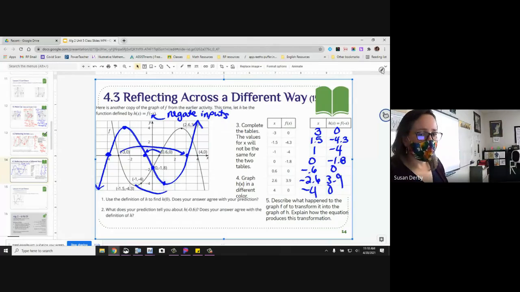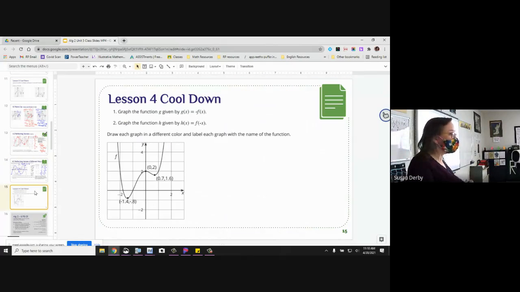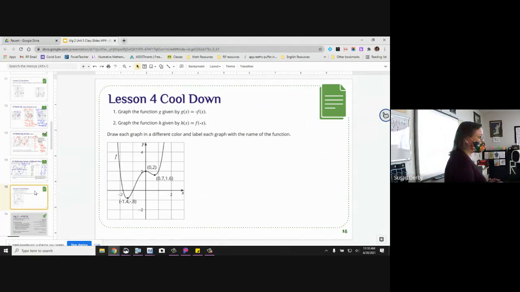Let's take care of our lesson 4 cool down just to make sure that you've got this idea. Now, this one's kind of challenging. A lot of students are like, I can do this. This is great. This is super easy. It starts to get confusing because of different colors. So if you need some different colored pencils or highlighters, I've got them for you. If it's helpful to work in some different colors, do so. All right.